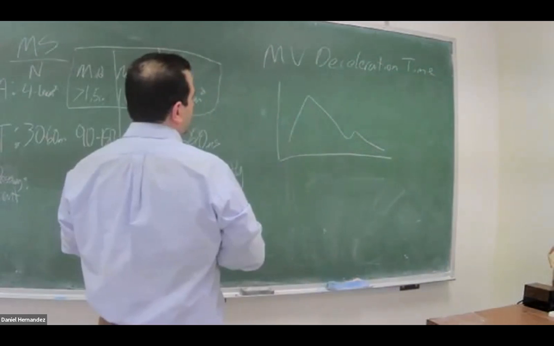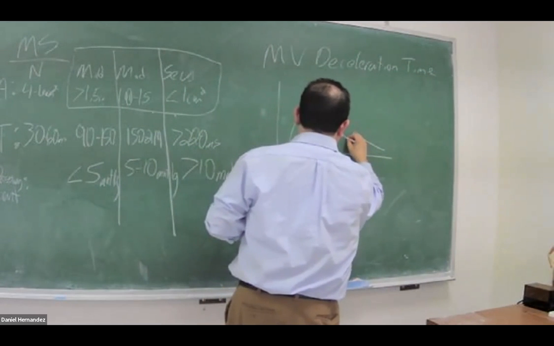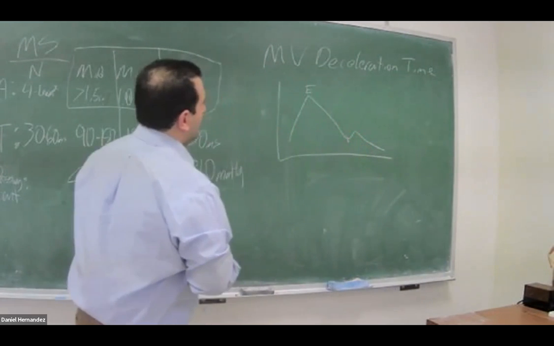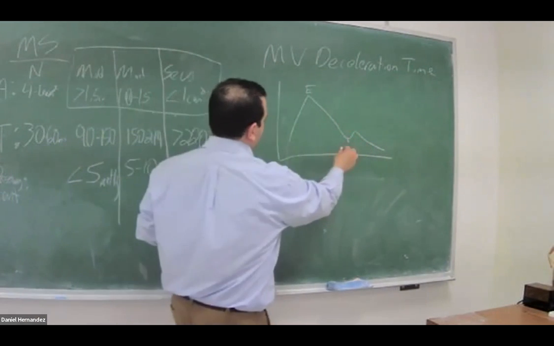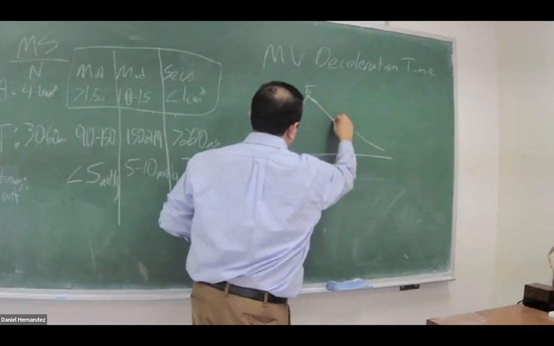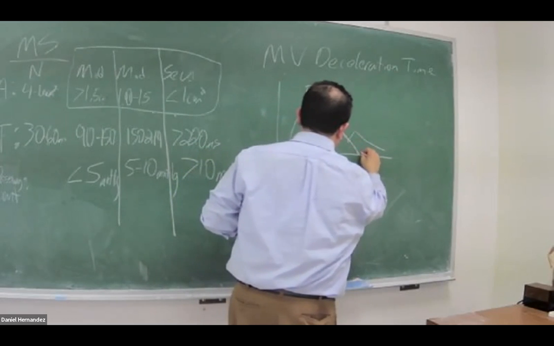This is the deceleration from your E to F. With deceleration time, you're still measuring along that curve, but now you have to take that line all the way down to the baseline.